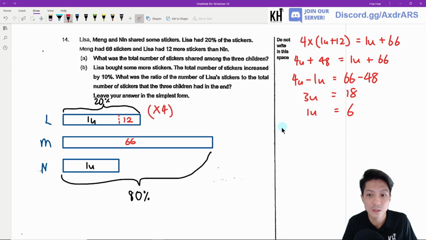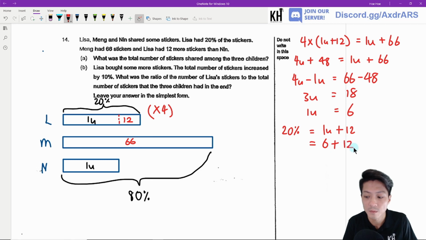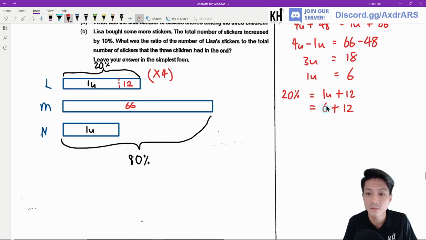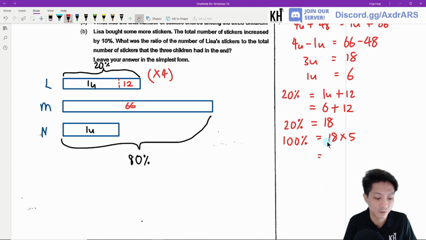Okay, so 20% is equals to 1 unit plus 12, which is 6 plus 12, okay, which is 18. So 100% is equals to 18 times 5. Okay, which is 90.